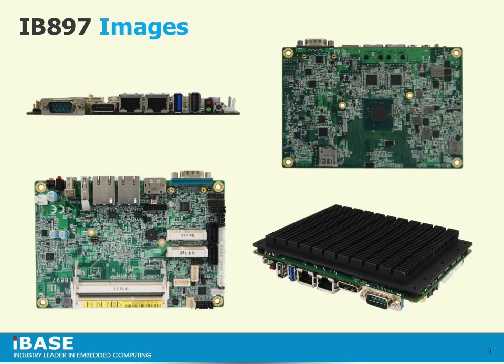This slide shows the image of our IB897. It's a 3.5-inch board. On the upper left-hand side are the I/Os, where you can see that we are providing the COM ports, a DisplayPort, 2 RJ45 and 2 USB. The blue one is USB 3.0. The other is USB 2.0. These are the I/Os from the edge connectors, and you will also observe from the photos that there are 2 memory sockets on board already.